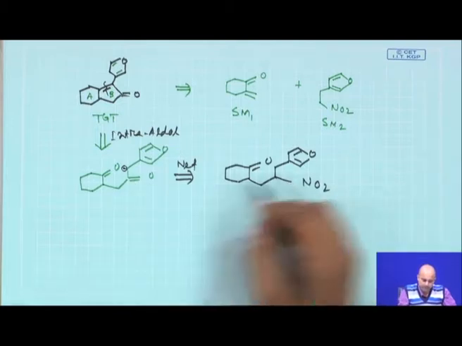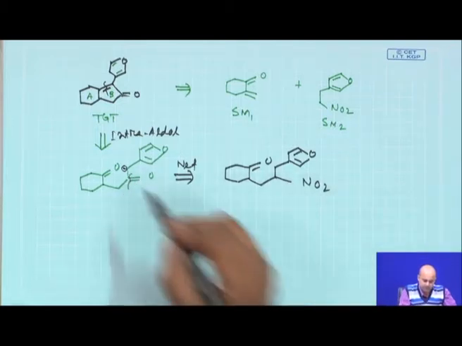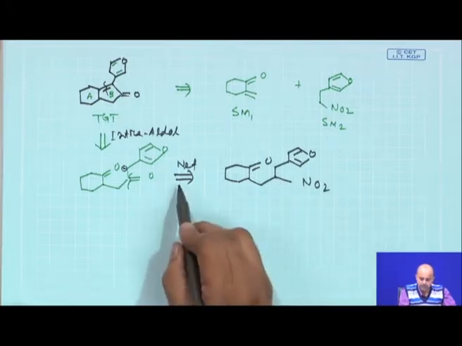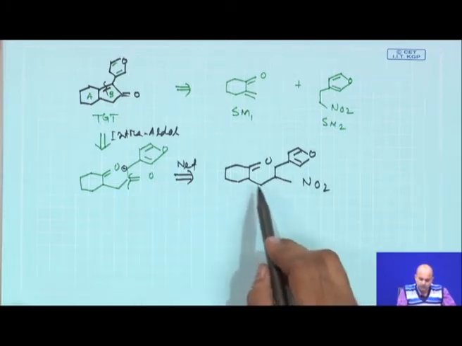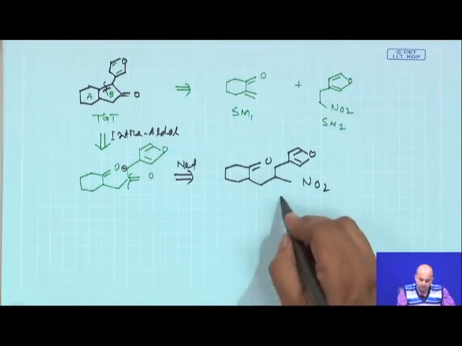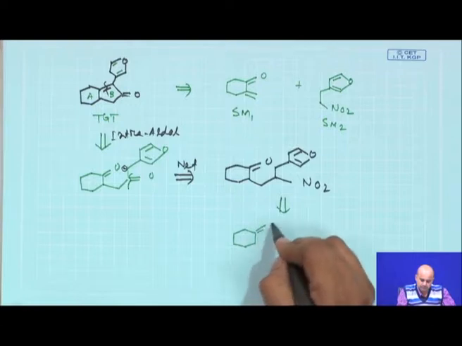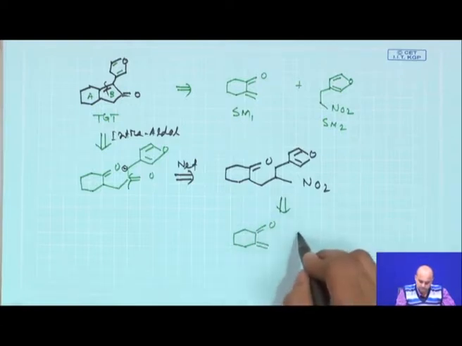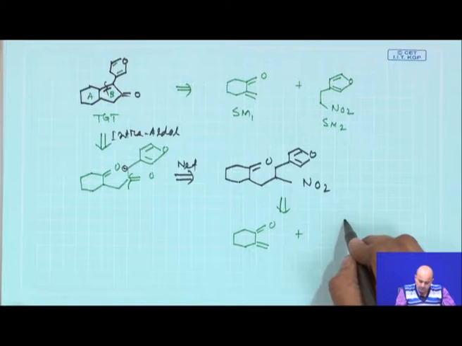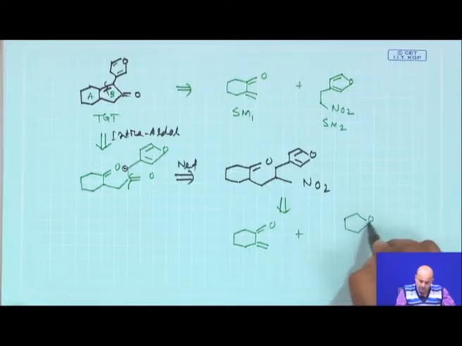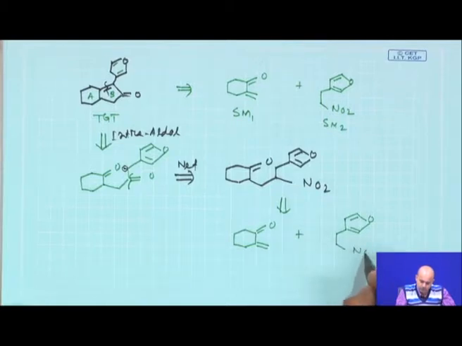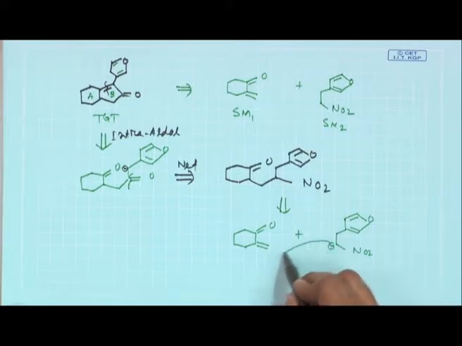So, particularly this connection was done with this Nef transformation. Now, we are almost very close, and if you have this starting material with the furan part, CH2, CH2, NO2, the carbanion can be easily generated to undergo a Michael type of reaction, is it not?